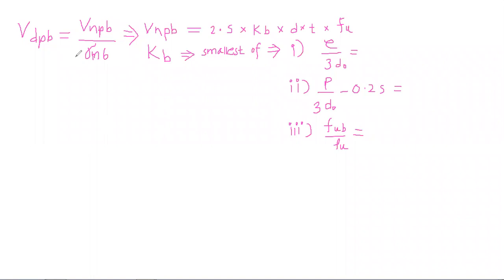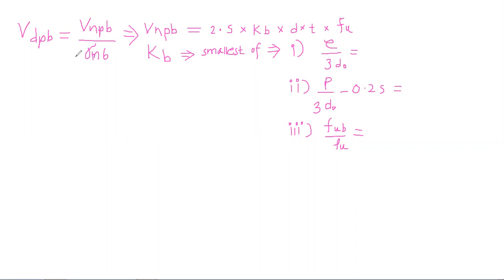So the value of VNPB, again you will get it from 2.5 multiplied by KB multiplied by d t multiplied by the ultimate capacity of the steel.